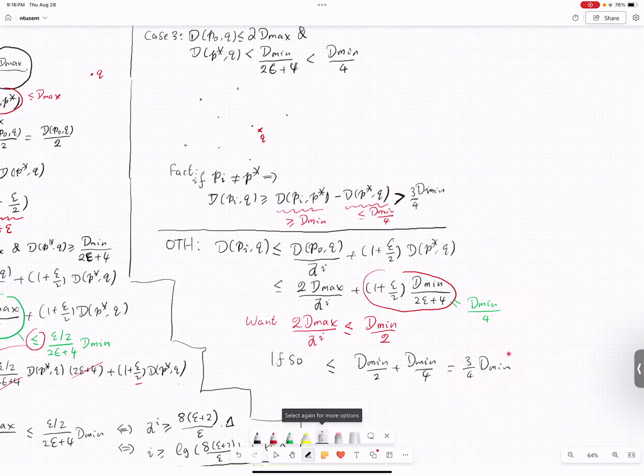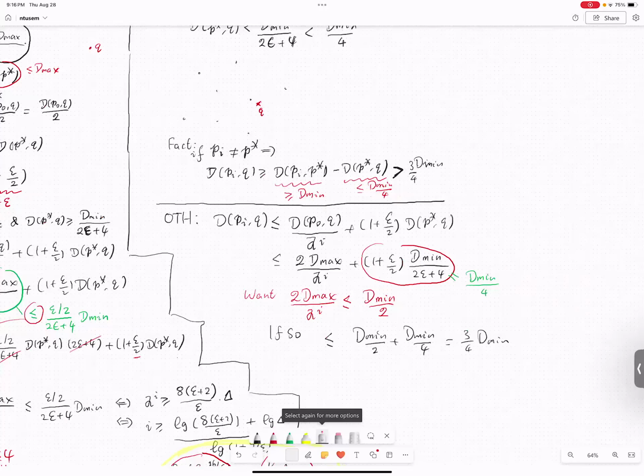As I told you, you can imagine the data set was divided into two parts: the first part contains only P star, and the second part contains everything else. In the second part, all the points satisfy this inequality. Therefore, when this inequality has to hold, there's only one possibility: this point must be P star.